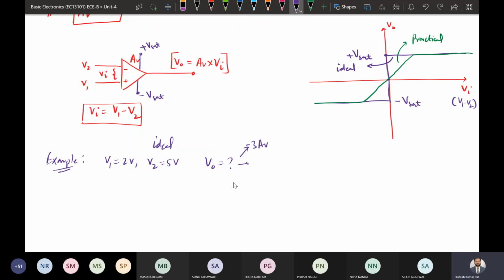So basically here it is an ideal one, so AV will be equal to infinity. Any other student, what will be the output if we apply V1 equal to 2 volt and V2 equal to 5 volt?